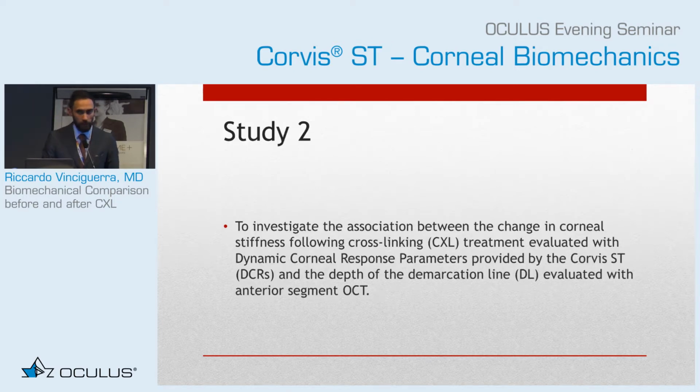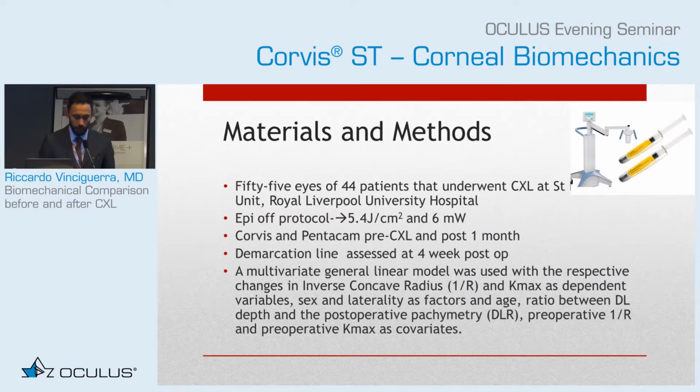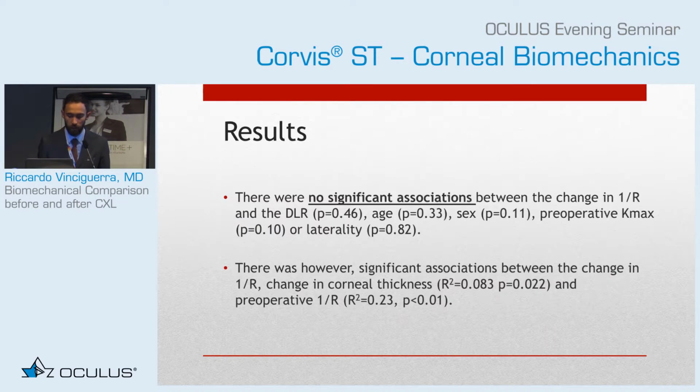In the second study, we wanted to evaluate something else. Is the demarcation line depth correlated with the stiffening effect? Is it correlated with something else? We slightly increased the number of patients, and we also assessed the demarcation line. The main result is that we haven't seen any association between the change in stiffness and the depth of the demarcation line, the age, sex, preoperative Kmax, and laterality.